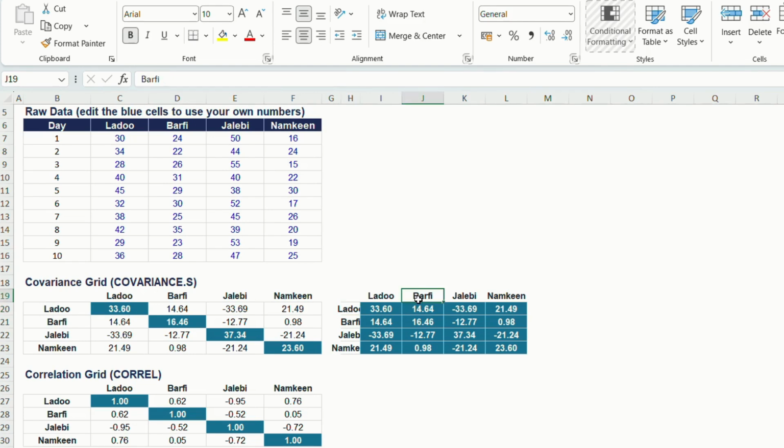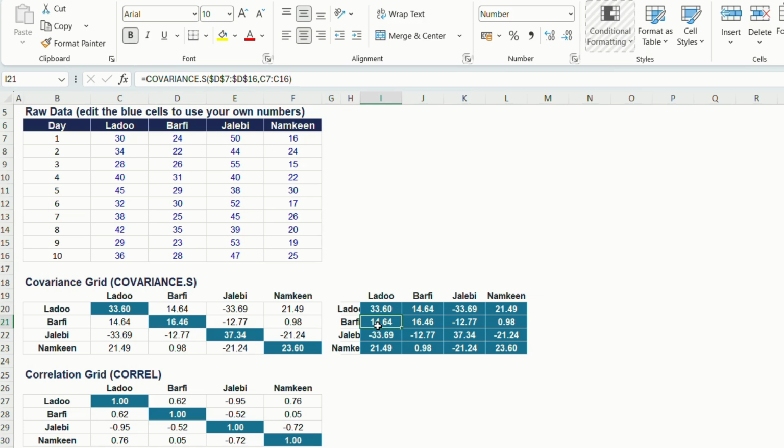So this is the C value to the D value, and you can see in both columns, laddu and laddu are the same, barfi and barfi the same. Now laddu and barfi is 14.64, and laddu and barfi in this column has the same value, so our formula is correct.